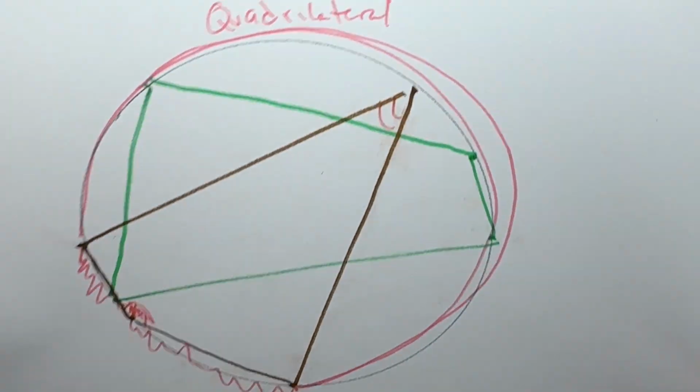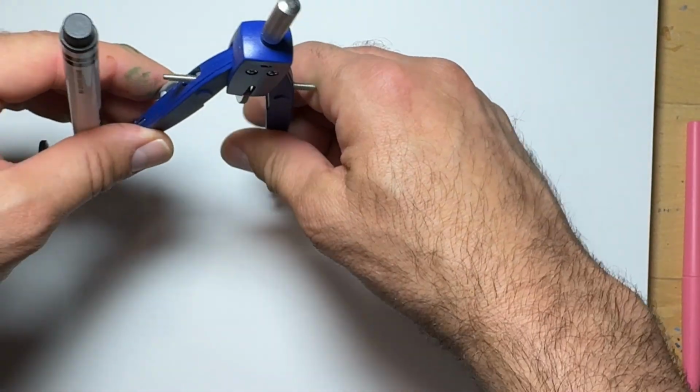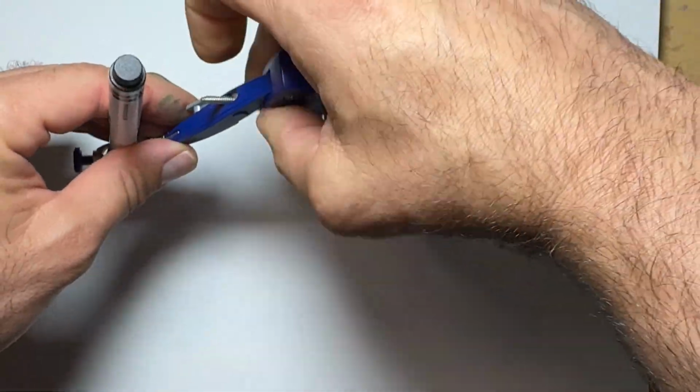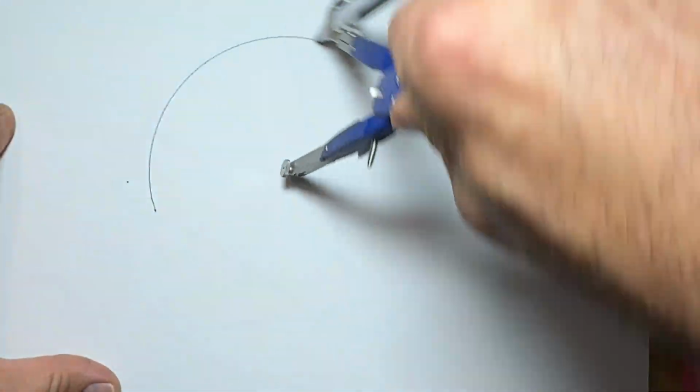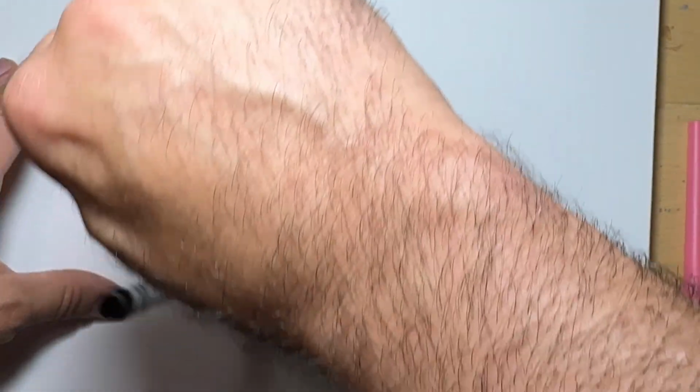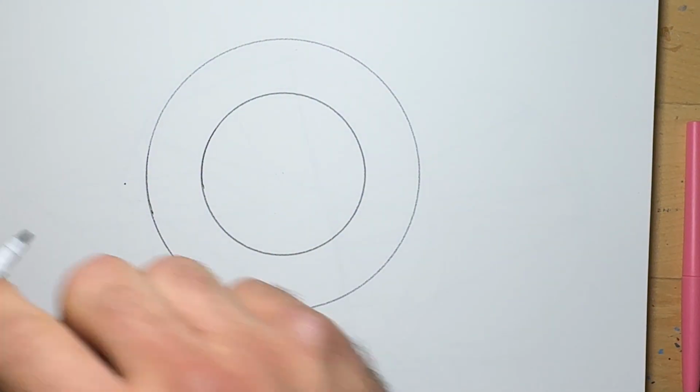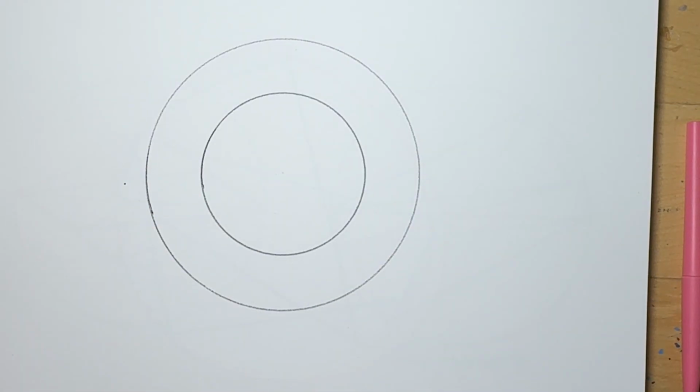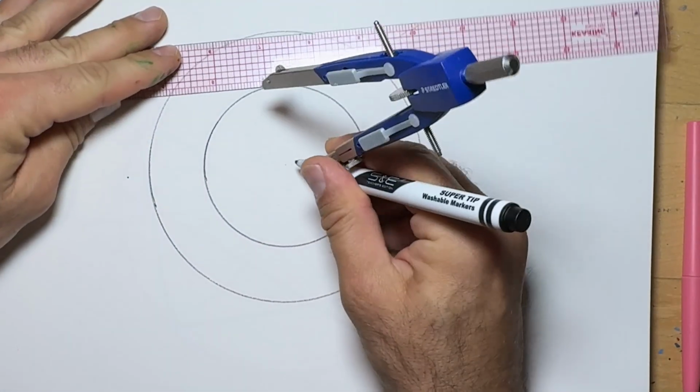And the last shape is when you use concentric circles. And you perpendicular bisect once again. I will draw my diameter.